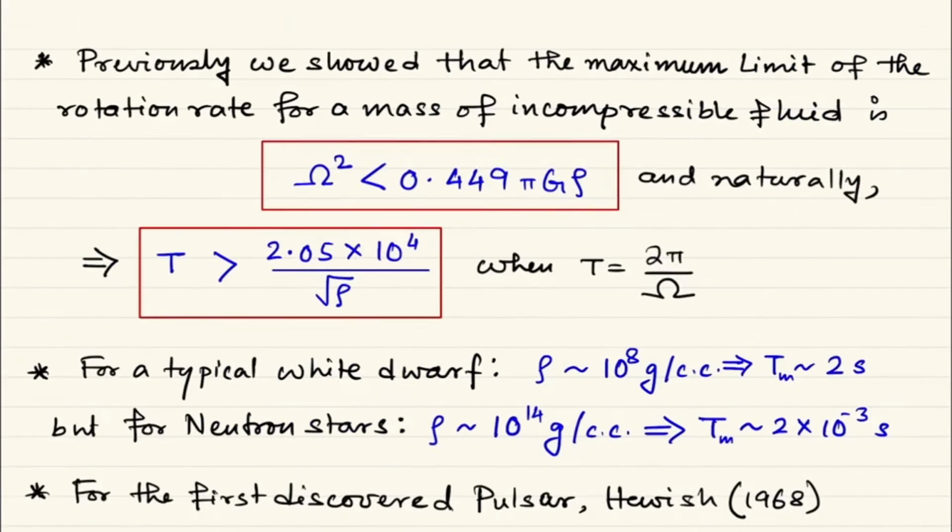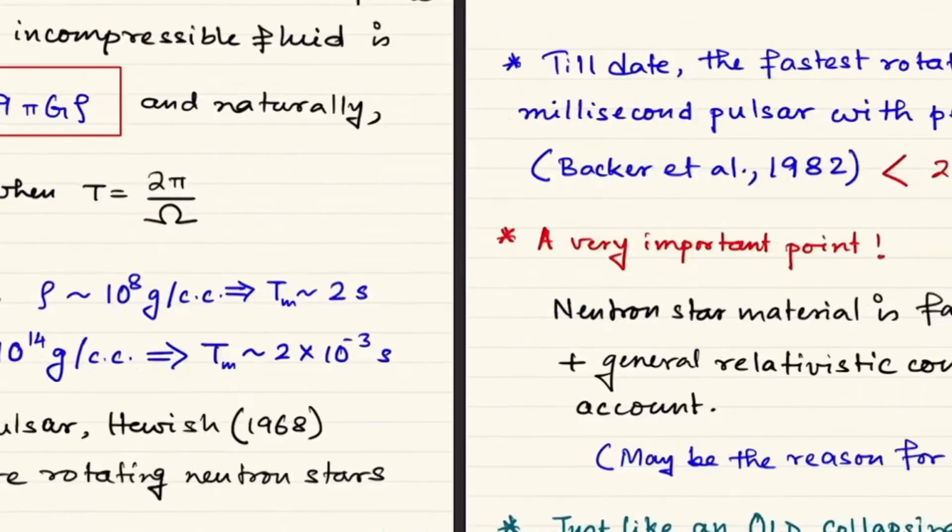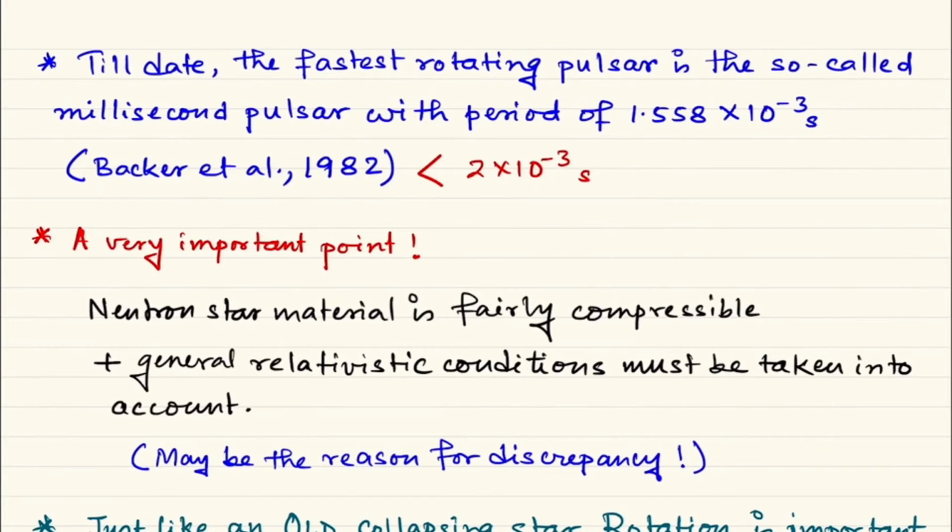Now you can tell me what is happening here. This is even less than this limit. Well, this is not exactly a problem, because of the simple fact that these pulsars are rotating neutron stars, which are very massive and very compact.